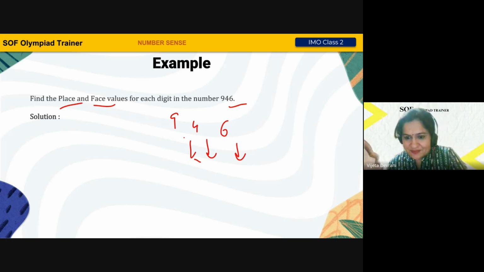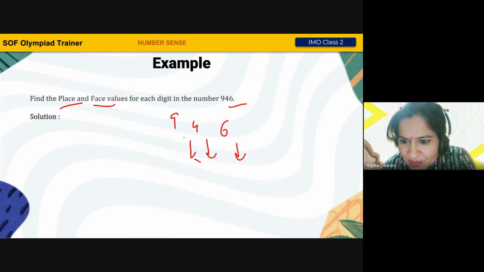Shreya done. Very good. Okay, Shreya, can you tell me the place values? Okay, show me. I'll try to see. Or otherwise, you can type in the chat box if you're done with them. Okay, I can see. Show me thumbs up when I read it.